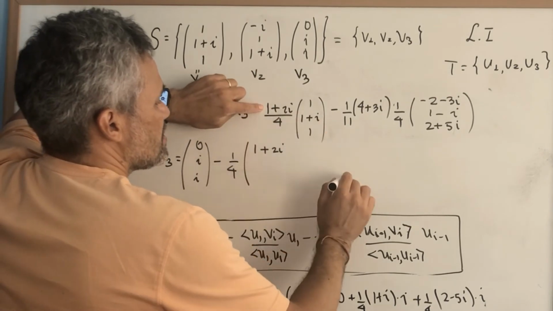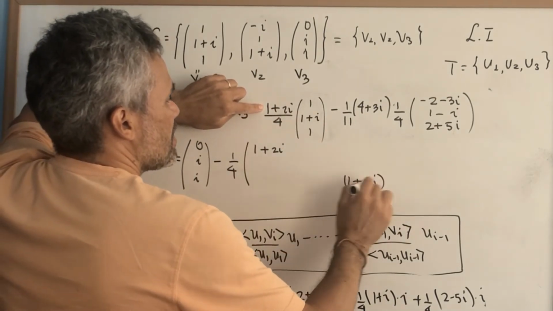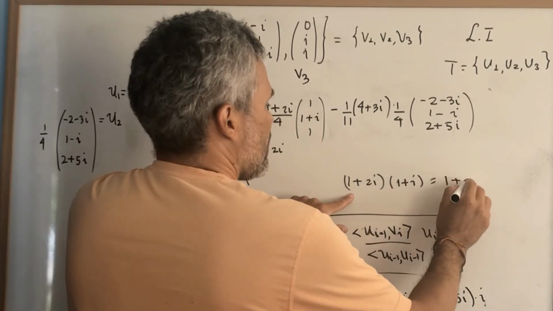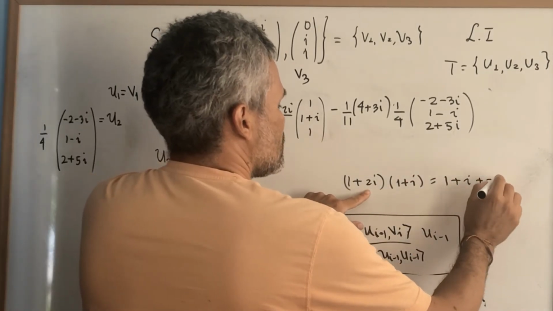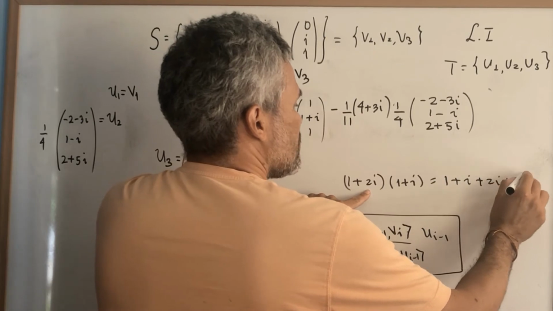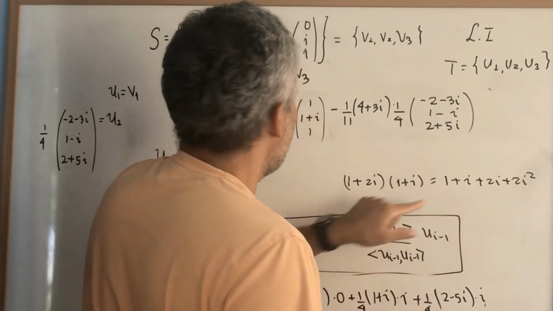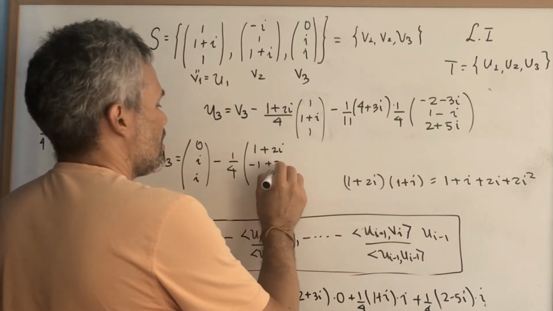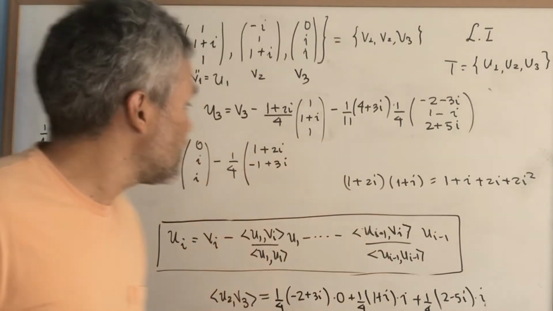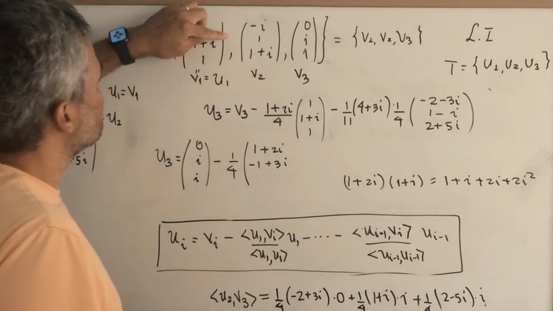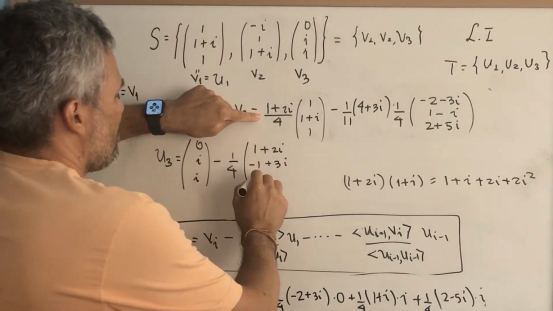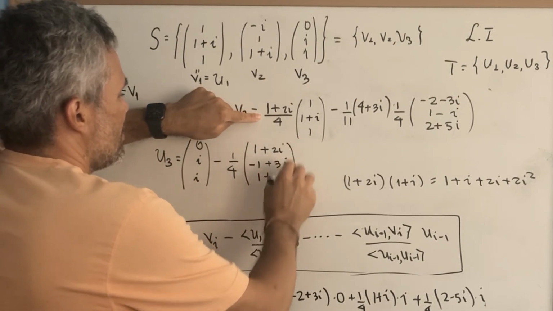Now this times this is 1 plus 2i times 1 plus I is 1 plus I plus 2i plus 2i squared. This is -1 plus 3i, and this times 1 is just 1/4 of 1 plus 2i.